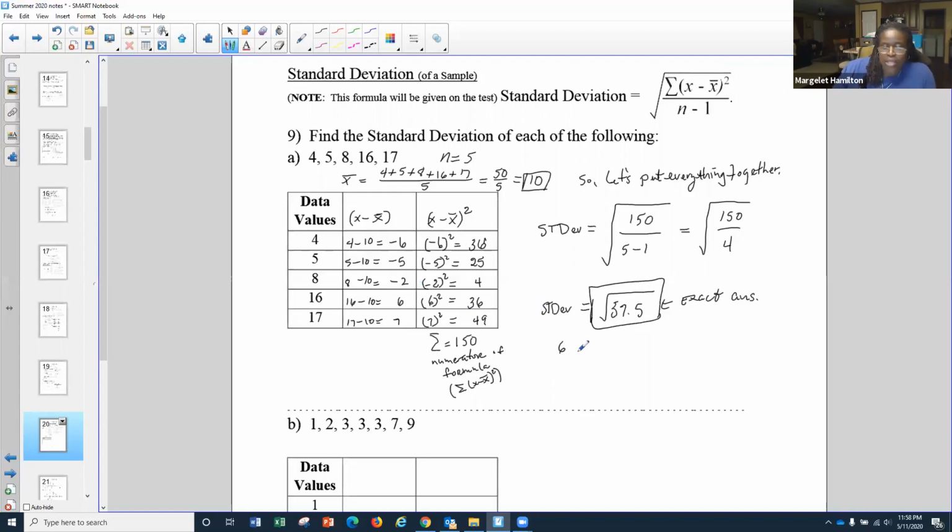Right, mine is 6.124357, and this is my approximate answer. Okay, that's my approximate answer.